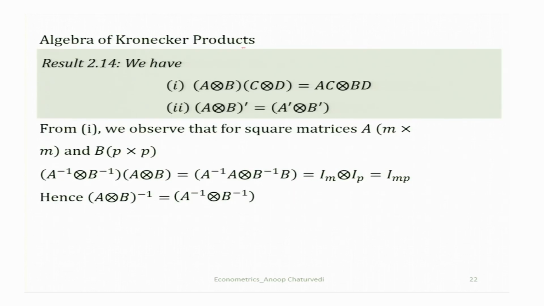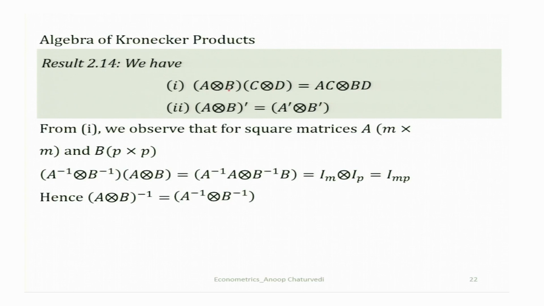Again I am just mentioning some of the results which we may require in the next lecture. Suppose you have 4 matrices A, B, C, D, then (A canonical product B) into (C canonical product D) is equal to AC canonical product BD.